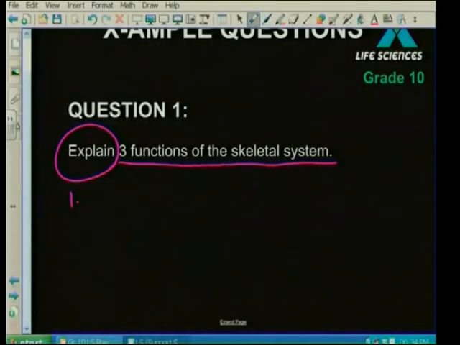The first function would be 1, and we can talk about support, and we can say either the fluid, because they did not say the human skeletal system, they said the skeletal system.